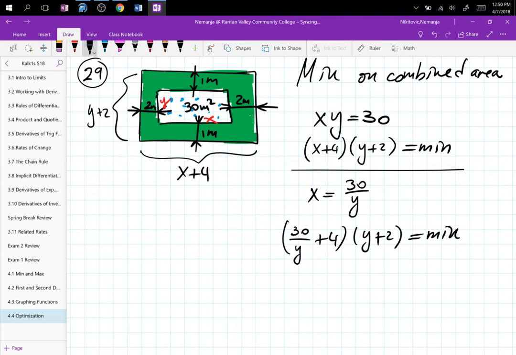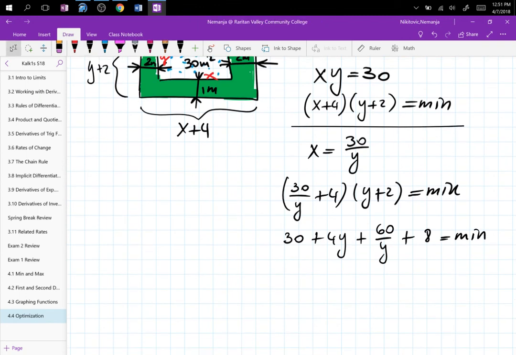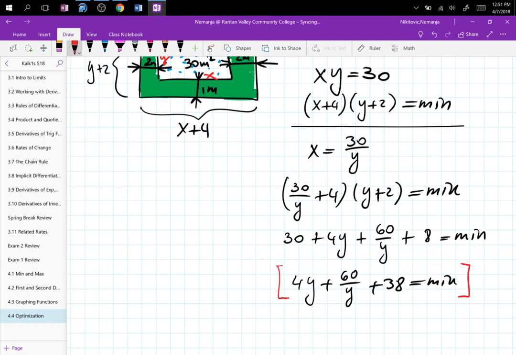So times y, that's just 30, plus 4y, plus 60 over y, plus 8, equals a min. All I have is 30 plus 8 is 38, so 4y plus 60 over y plus 38 equals a min.